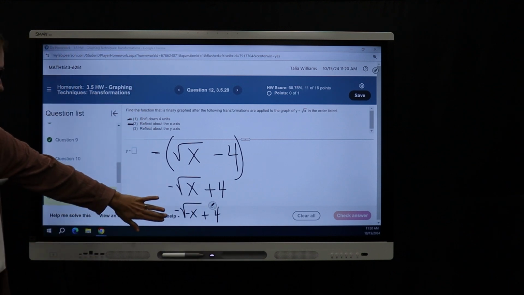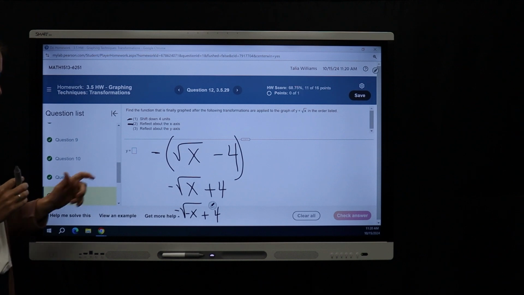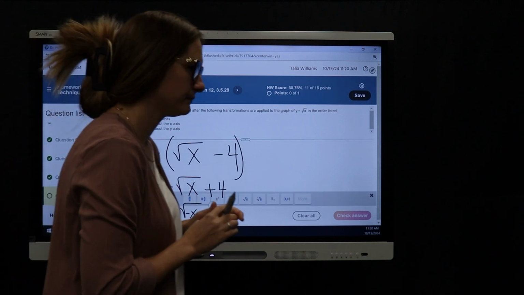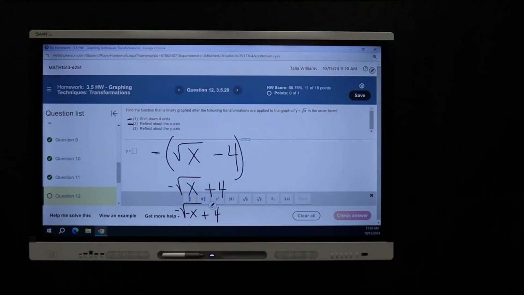So this is our final one: negative square root of negative x, plus 4.